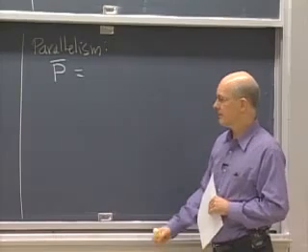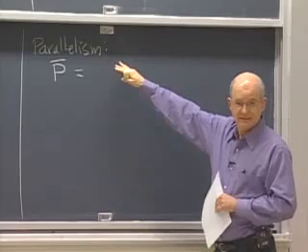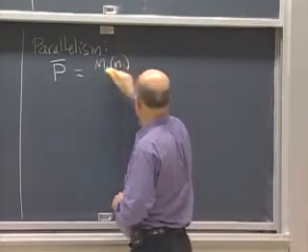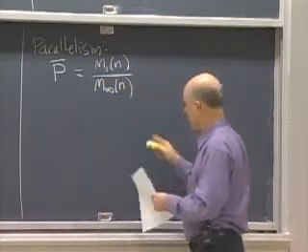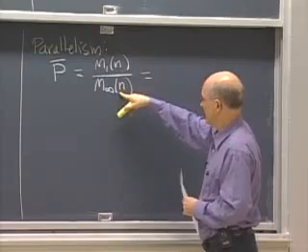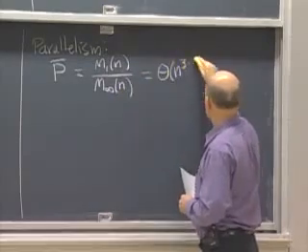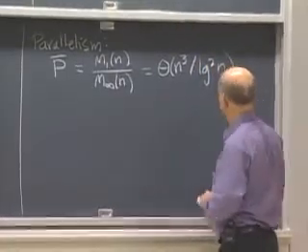What's the parallelism going to be? What's the ratio I take? Yeah, it's m1. So it's m1 of n divided by m infinity of n. And that's equal to n cubed over log squared n.